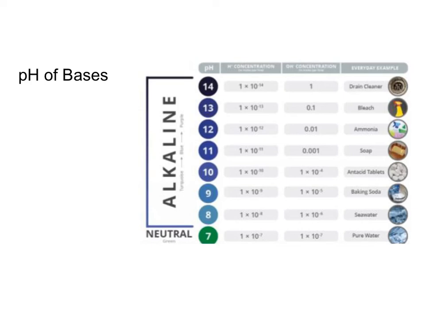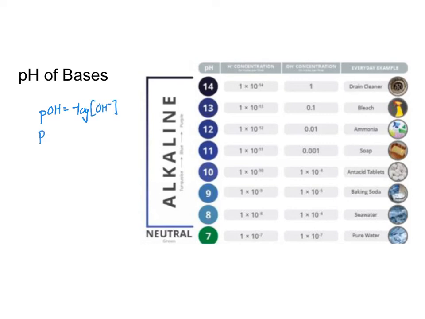If I wanted to calculate the pH of a base, I would take something called the pOH, which is equal to the negative log of the concentration of OH minus.